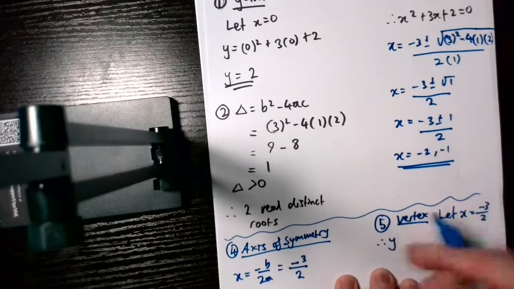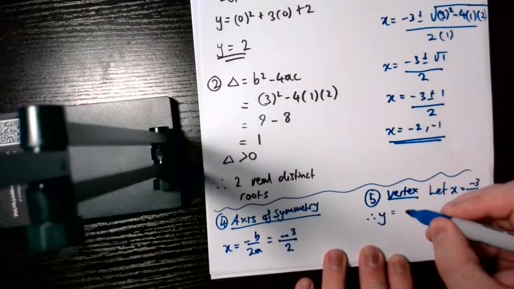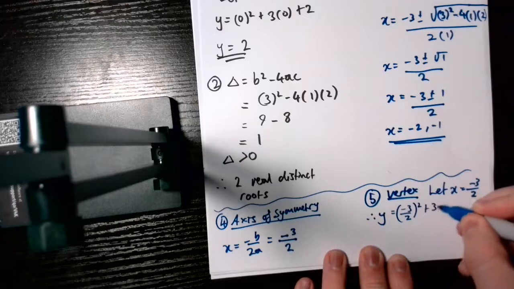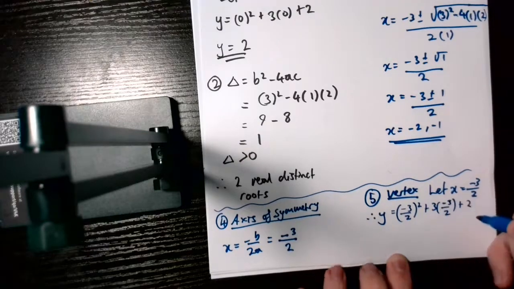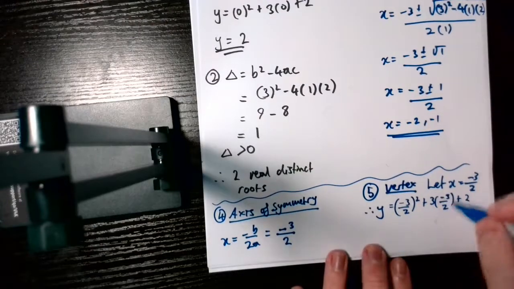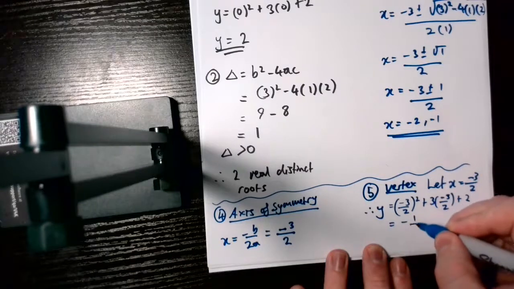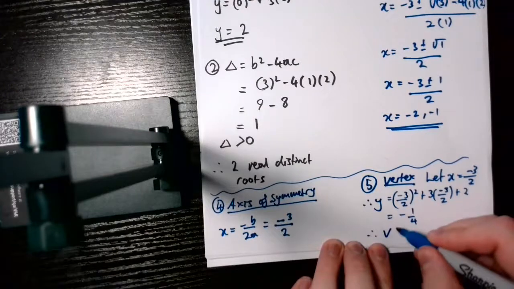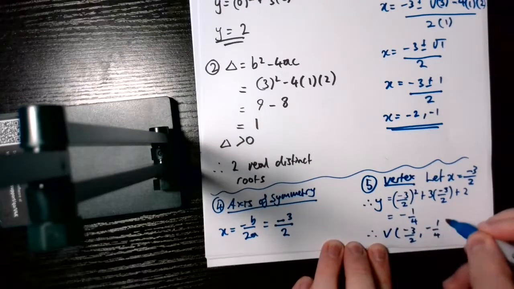Therefore, we're just finding the y-coordinate of our vertex, we have y equals minus 3 on 2 squared plus 3 times minus 3 on 2 plus 2, which if you put all of this into your calculator, you'll end up with minus 1 on 4. So therefore, our vertex occurs at minus 3 on 2 and minus 1 on 4.